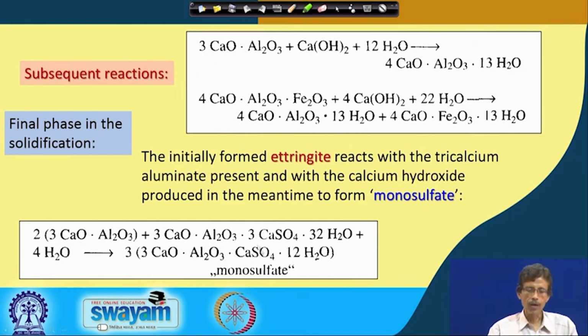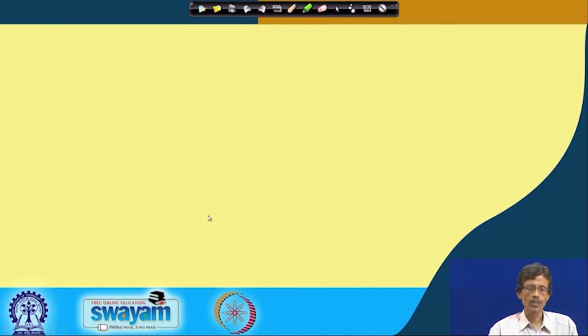Now calcium sulfate will be entrapped. Earlier Al2O3 was trapped, then Fe2O3, and now calcium sulfate is being trapped. So you get a product known as monosulfate, because calcium sulfate has been trapped in it. A monosulfate material is obtained at the final stage of the solidification process.